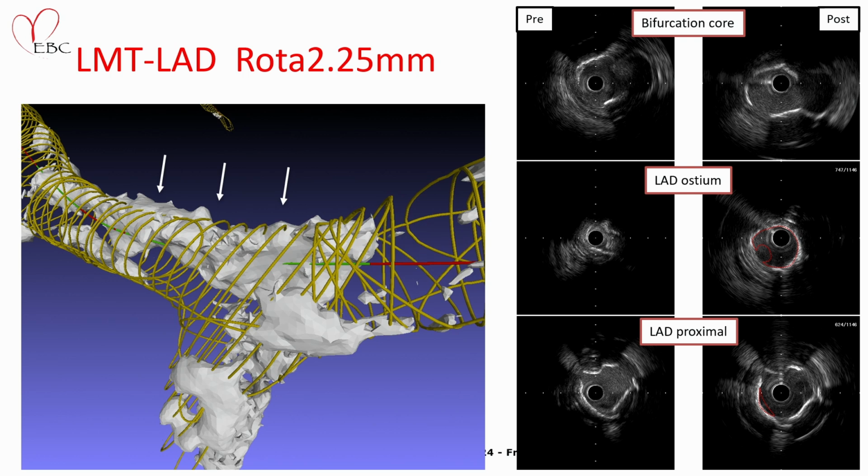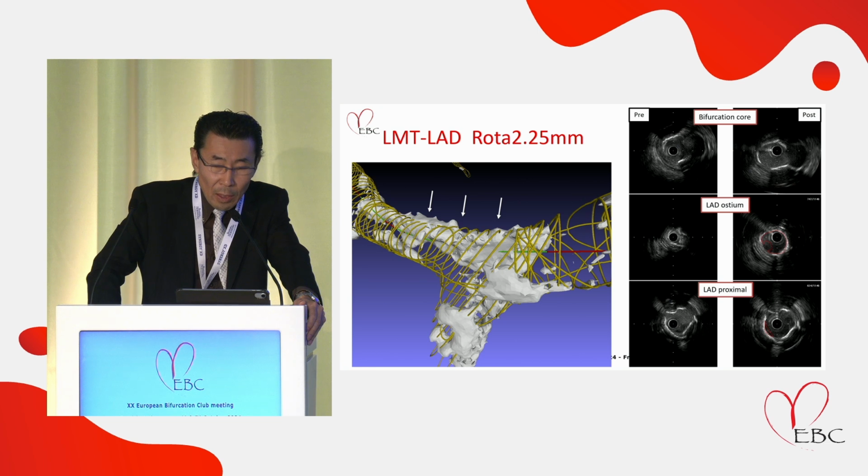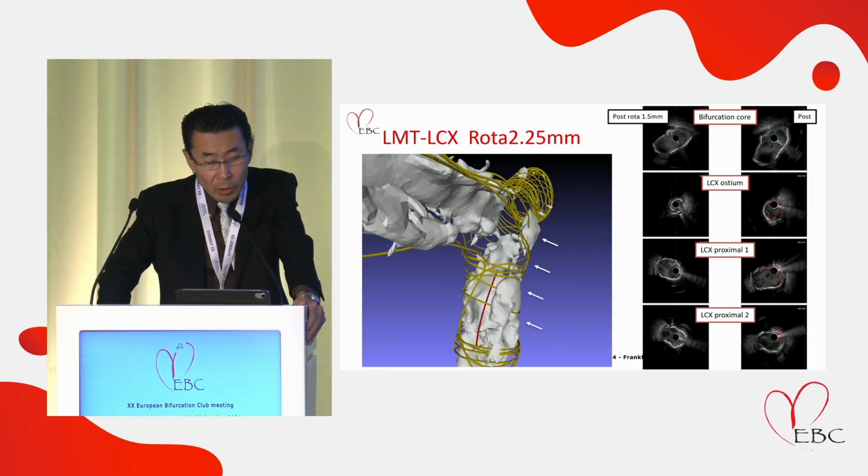And IVUS also showed good guide wire bias in the LAD ostium and LAD proximal part. After rotablator, on the right side, you can see a good ablated area was observed in the LAD ostium. Next is the circumflex.